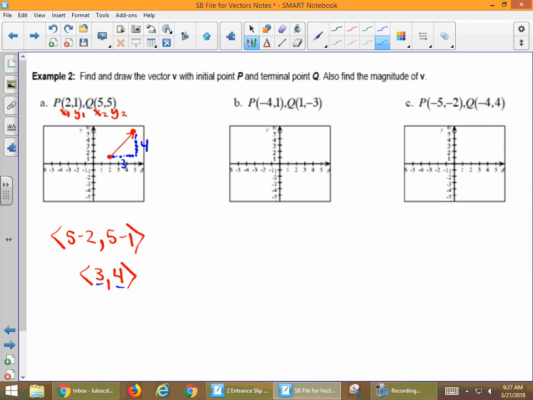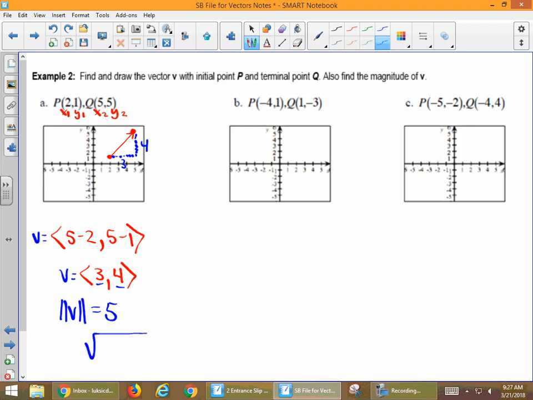Okay, magnitude. Magnitude is the length. If those two sides are 3 and 4, how long is that, our little guy? There, 5. So, let's call this B. It is a 3, 4, 5 right triangle. The magnitude is 5. You can do square root of the squares there.